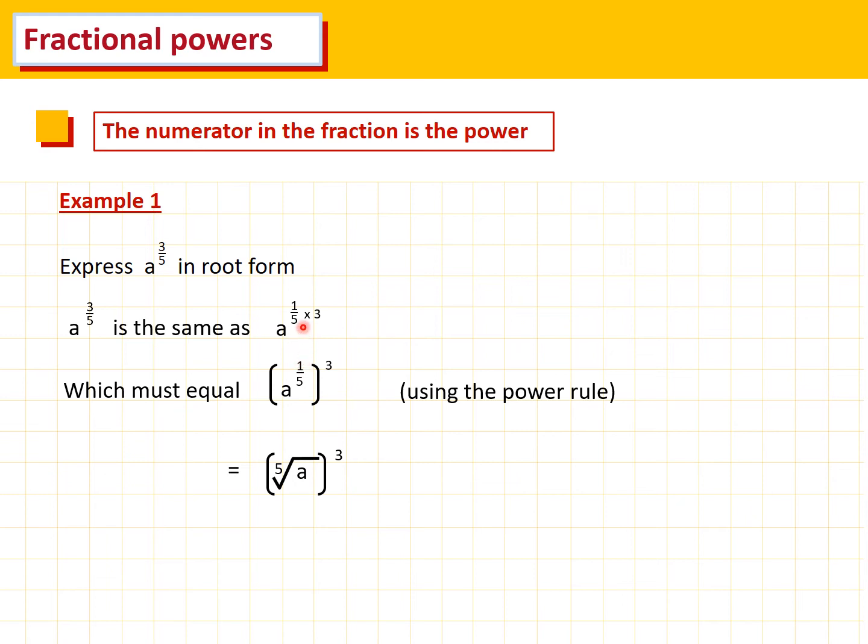Using the power rule, when we've got two powers multiplied together, it must have come from a power to a power, and a to the power of a fifth is a fifth root of a. We can think of it in those steps, or we can quite simply say, in this expression, the denominator is the root, the numerator is the power. We can just jump from here to here if we wish.